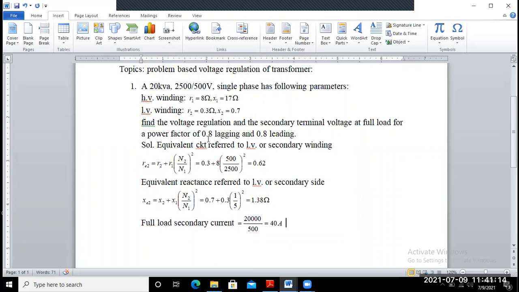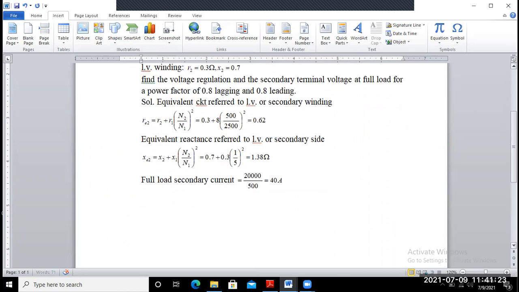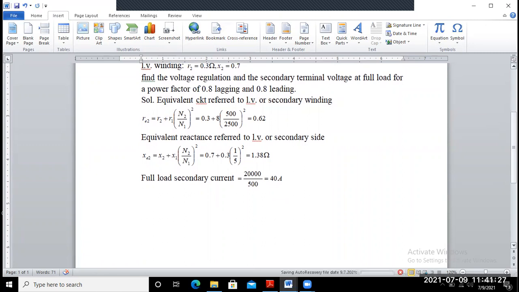Now, have you remembered the formula for the lagging power factor voltage regulation? We already derived it in the previous class. So we write the change in secondary terminal voltage, that means E2 minus V2, equal to I2 RE2 into cos theta plus I2 XE2 sin theta.